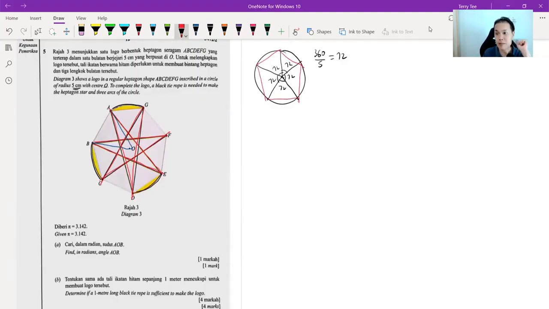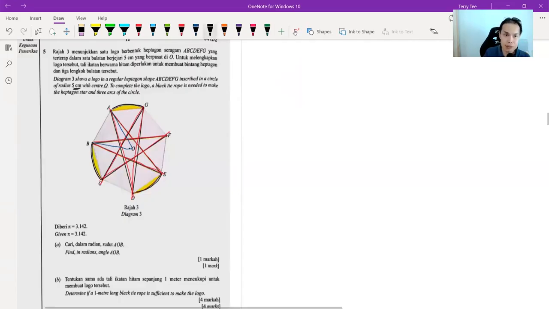If I want 5 sides, I divide by 5. If I want 6 sides, I divide by 6. If I want 7 sides, a heptagon, I have to divide by 7. But in this case, I don't want to take 360 because you want your angle in radian. So I would take 2 pi. In radian, 360 degrees is 2 pi. You divide by 7. And remember, they say use 3.142.